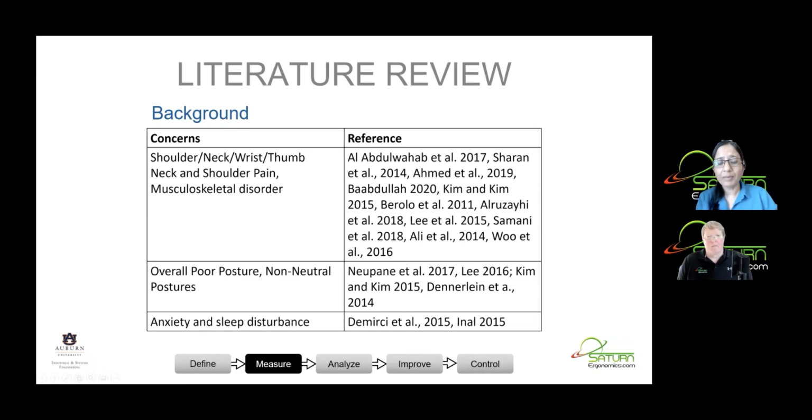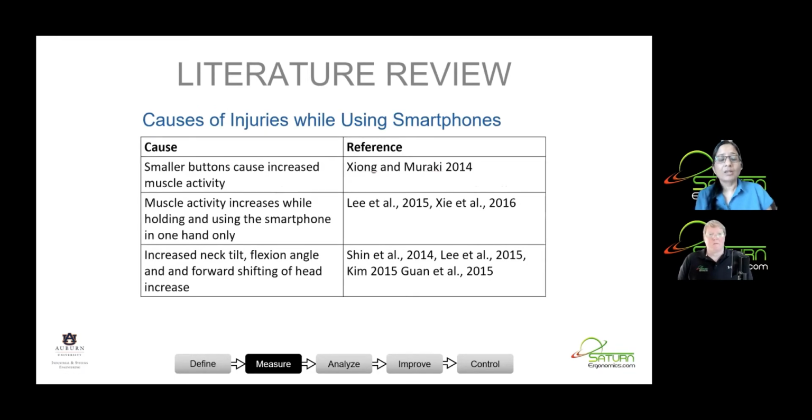Overall, people have poor or non-neutral postures while using smartphones, because the smartphone is so handy that people keep on using their phones without taking care that they are in a non-neutral posture, which leads to problems when there is prolonged use of the phone. This has also led to anxiety and sleep disturbance in some people. There are various causes of injuries while using smartphones.